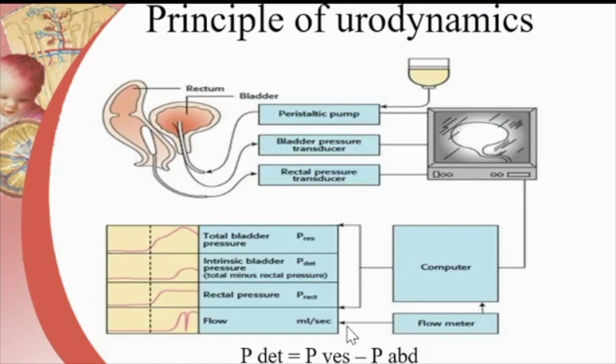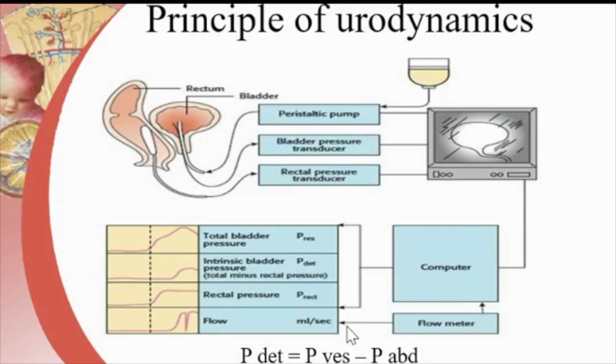The principle of urodynamics is that we are measuring the pressure of the detrusor. The intravesical pressure is basically a combination of the detrusor pressure and the intra-abdominal pressure. To identify the intra-abdominal pressure, we leave a rectal catheter, and once we subtract the intra-abdominal pressure, which is the rectal pressure, we know that whatever remaining pressure is the detrusor pressure.